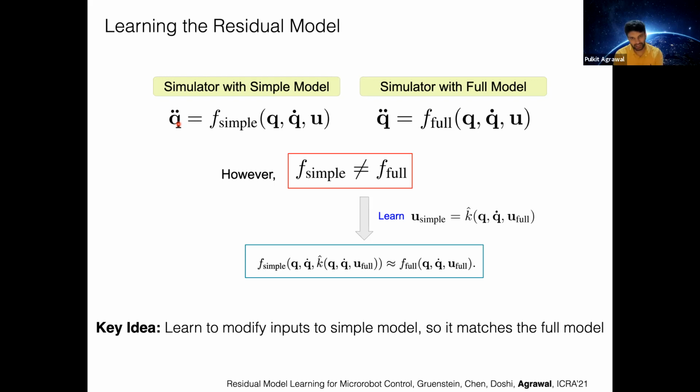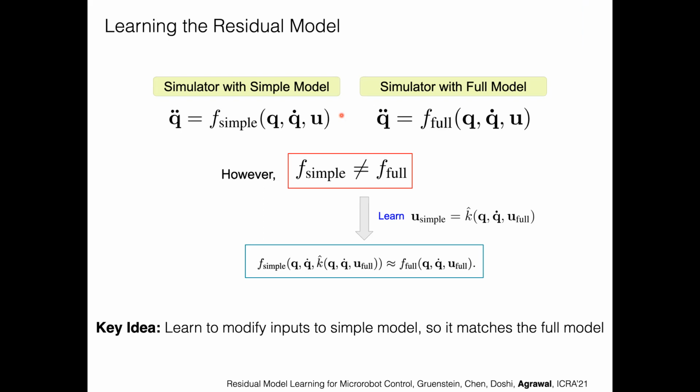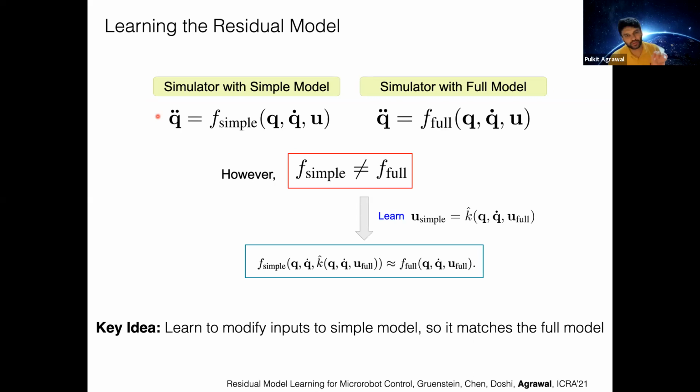For example, over here, I'm just dealing with accelerations. Now, suppose I want to switch on gravity, it becomes very easy for me because I can just add gravity to my acceleration vector. Versus if I'm learning F simple plus the residual, then I have to relearn if I am changing the gravity, or if there are some external forces being applied, I cannot easily account for them. Because of those considerations, it might be useful to represent it in this particular way.